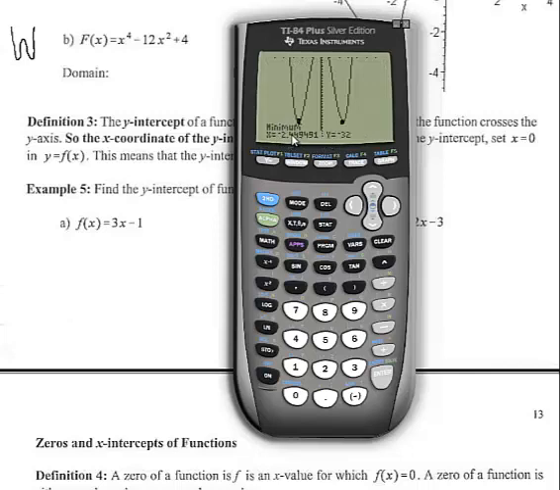That's the x coordinate, but since we're filling out the range, we're interested in the y, and I get negative 32. If you follow the same procedure for this other point, you should find that its y coordinate is also negative 32. So these 2 points are going to represent the lowest value of our range.